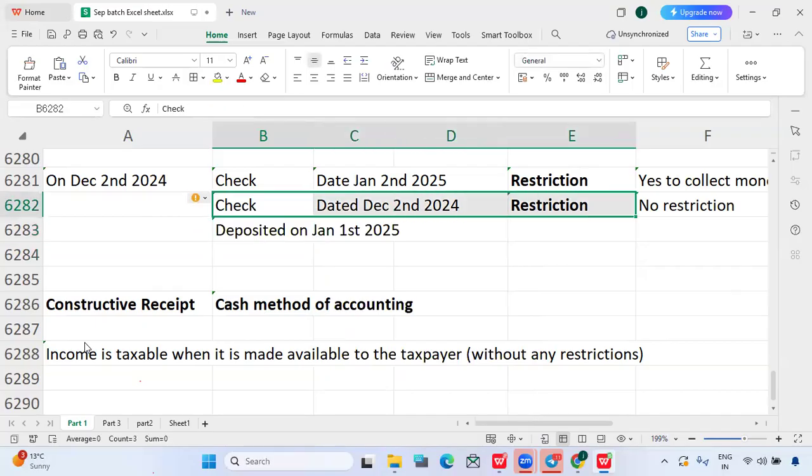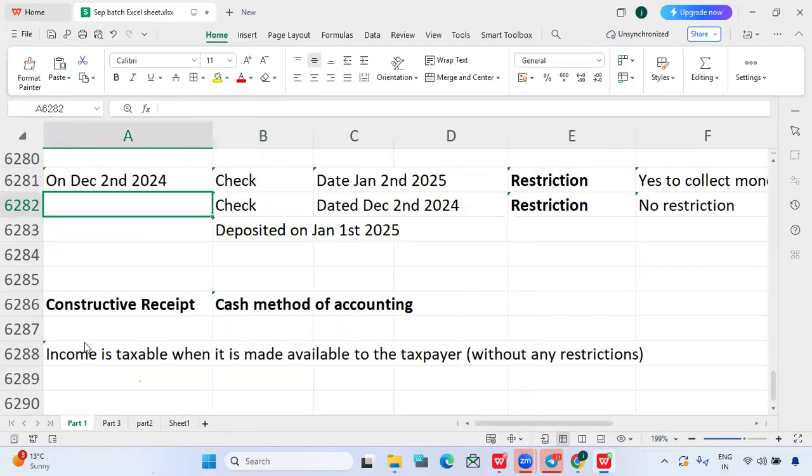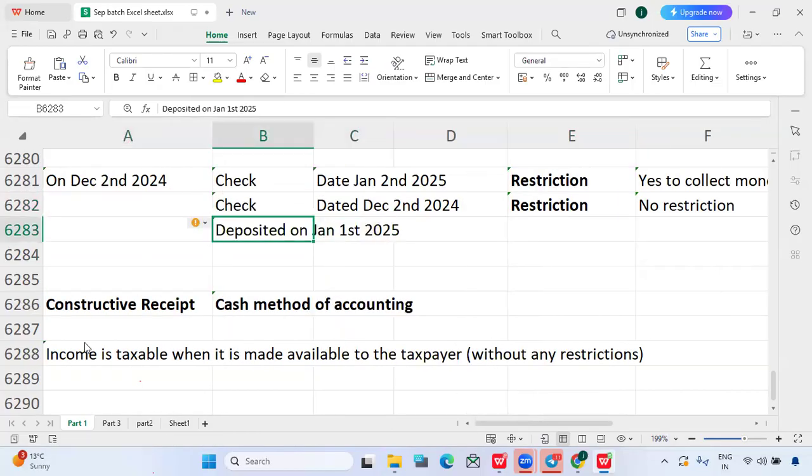Now when do we have to consider or recognize it as income? 2024 or 2025? Guys, second case: check dated December 2nd, 2024, and deposited on January 1st, 2025. That means it is your wish.